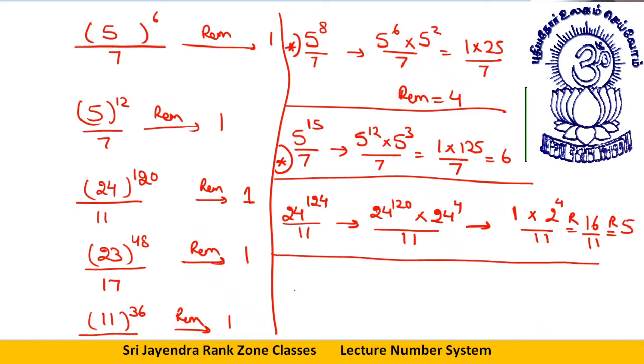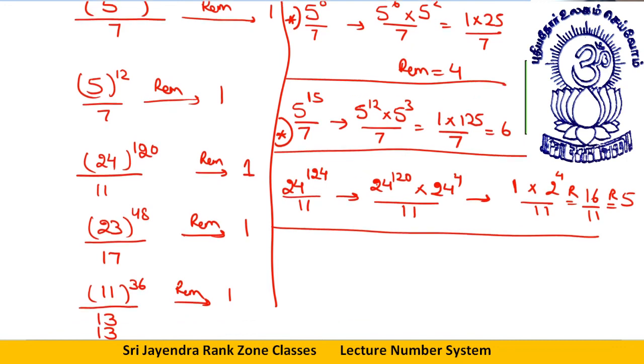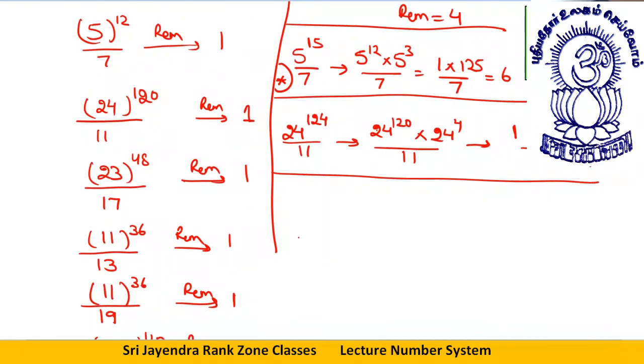Let's take the next one. I took 23 raised to the power 50 divided by 17. This can be a bit lengthy, but you will enjoy it. I already know 23 raised to power 48 gives remainder 1, and remaining is 23 square. 23 raised to power 48 is 1, we have already done it, divided by 17.